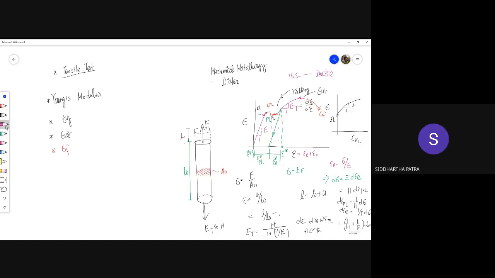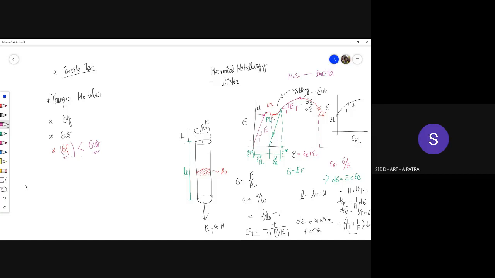The situation here is that ultimately the material fractures at a stress of sigma f, which actually is less than sigma ut, and the question remains, why does a material fail at a stress smaller than the ultimate stress? Because it could achieve the ultimate stress value, but then why should it fail at a lower stress value?